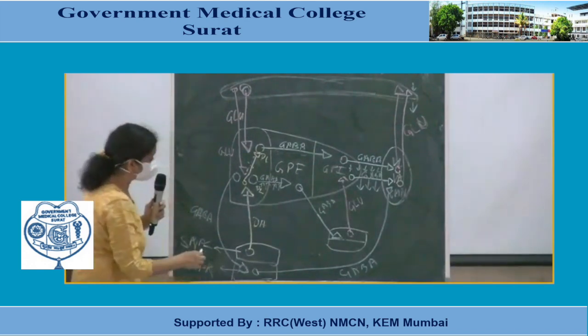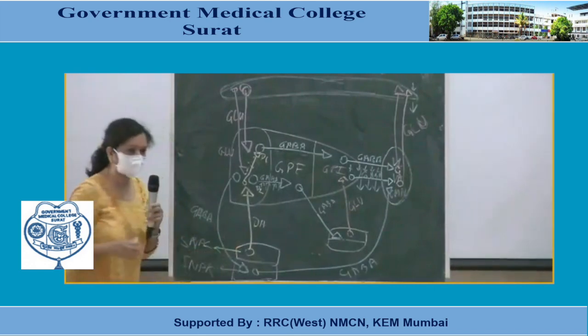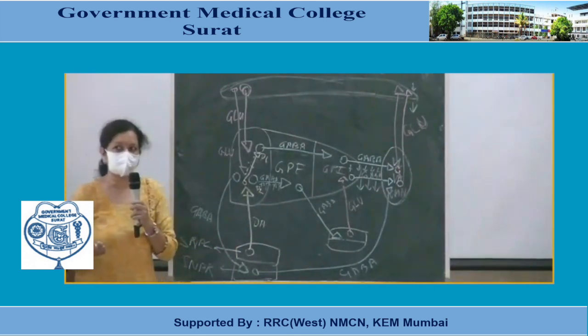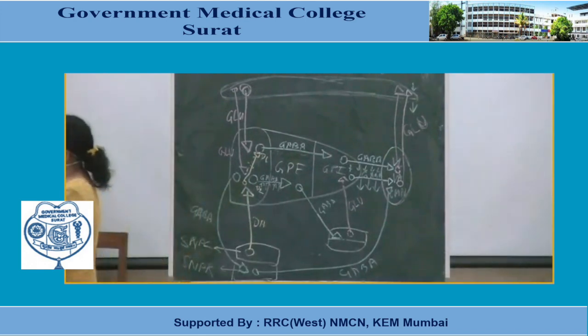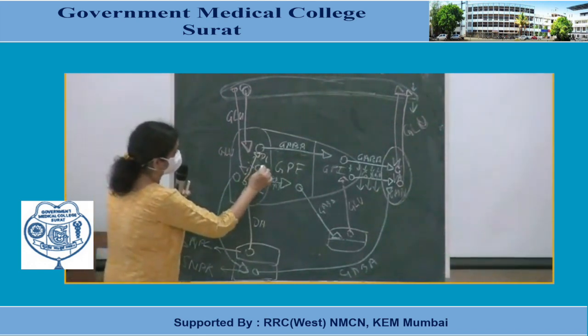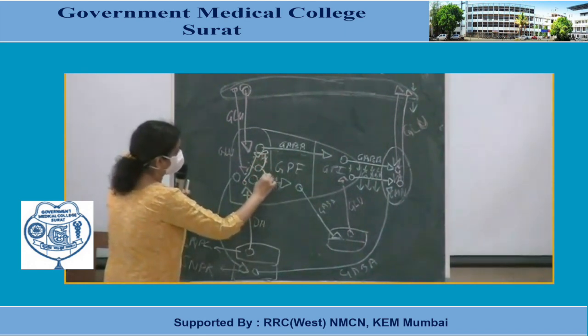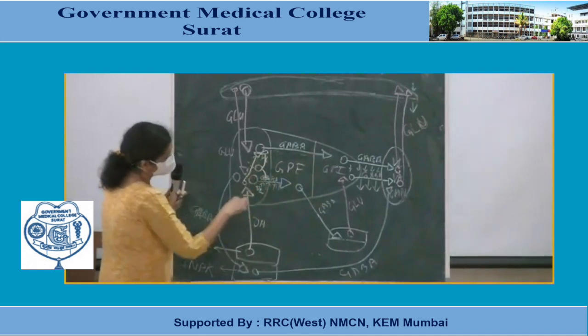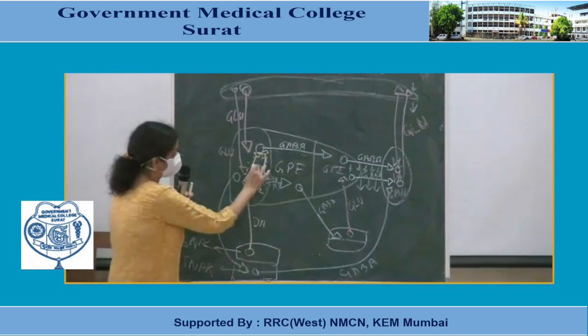So, this is the way dopamine works. There is another type of interneuron present in the striatal region. They are cholinergic neurons, that is, they secrete acetylcholine.